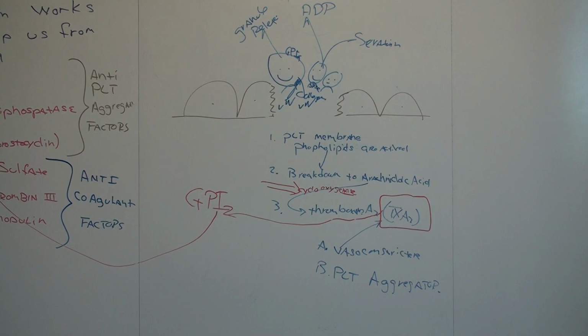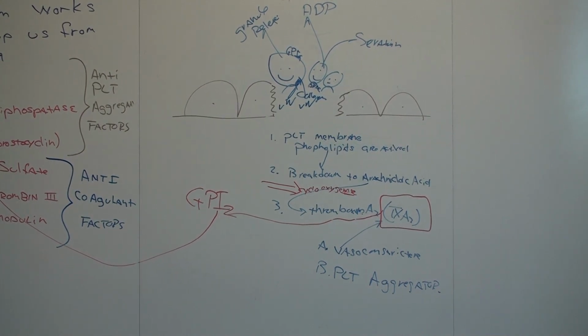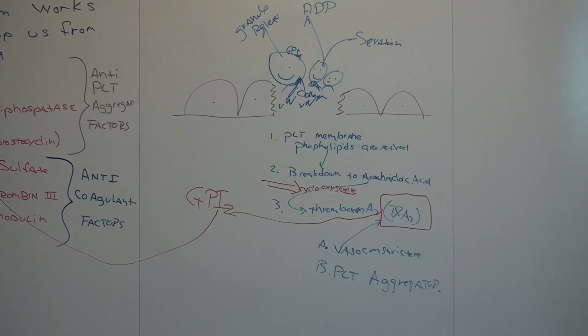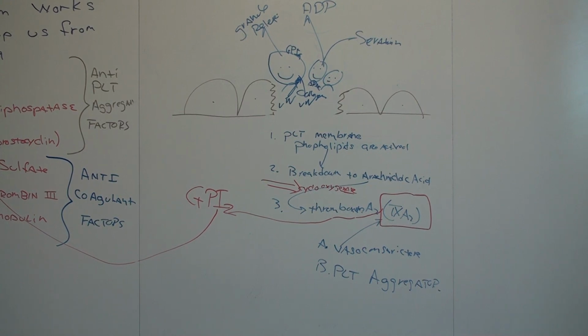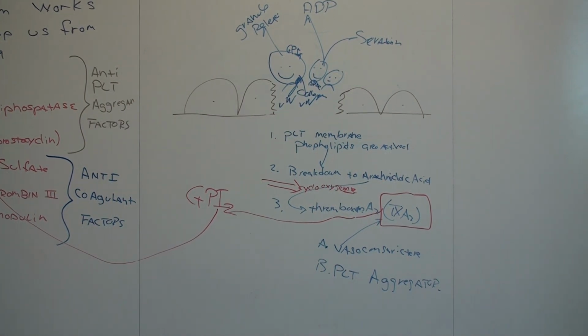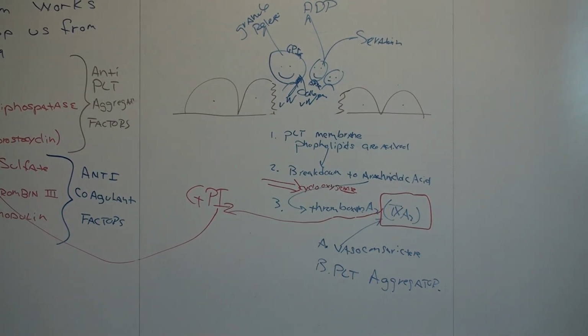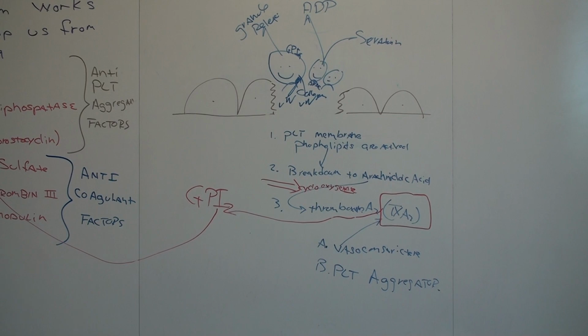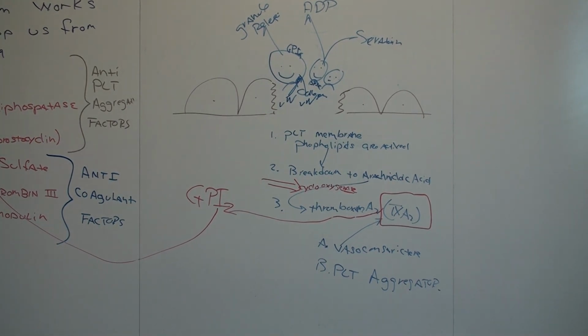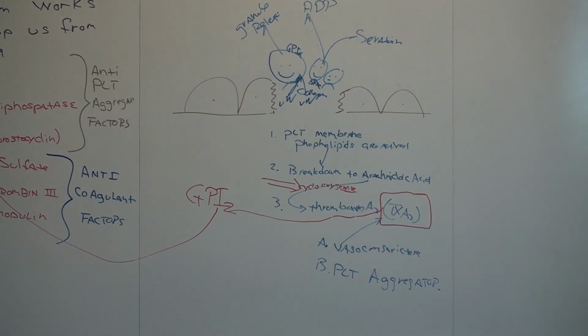All right. So my platelet membrane phospholipids are activated. These activated phospholipids get broken down to arachidonic acid. Arachidonic acid is going to get broken down to thromboxane A2. But in order for that to happen, it has to have cyclooxygenase.